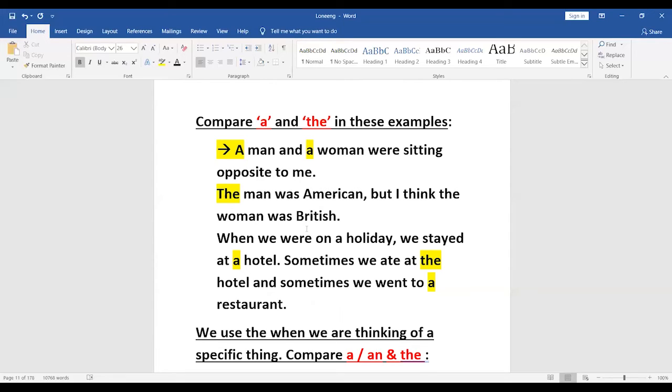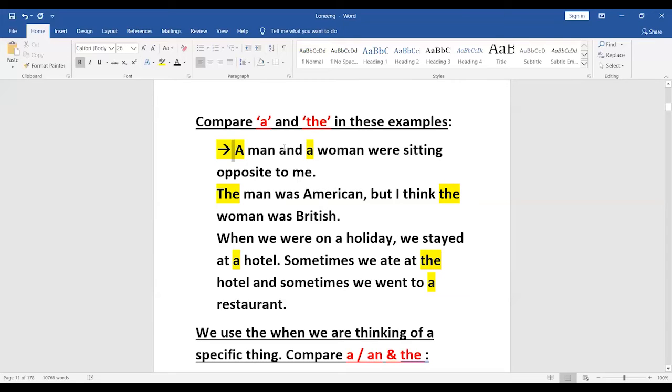Now take a look at: the man was American. Okay, now he's being very specific. He's saying, I'm sure the man was an American, and the woman was British. Because he's being very specific in explaining the nationality of those two people, they're saying the man and the woman.